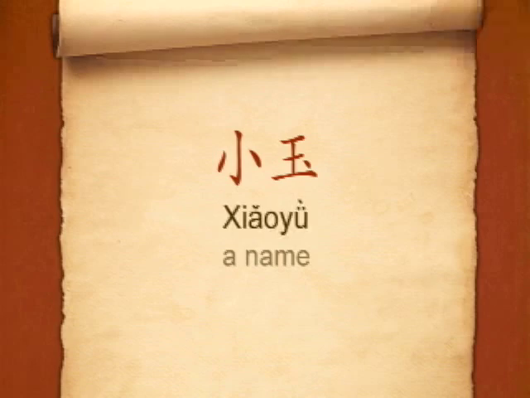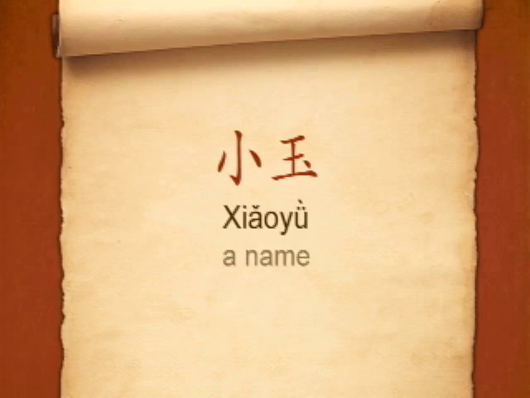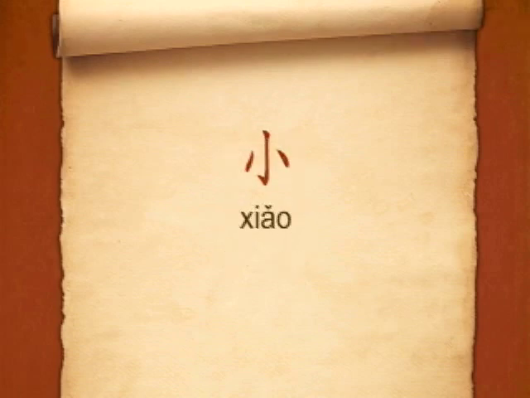What tones do you hear in 小玉? 小玉 is said with the 3rd and the 4th tones. Say 小玉 with me 3 times. 小玉, 小玉, 小玉.